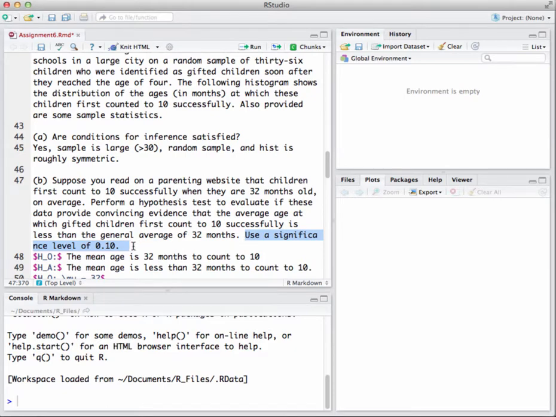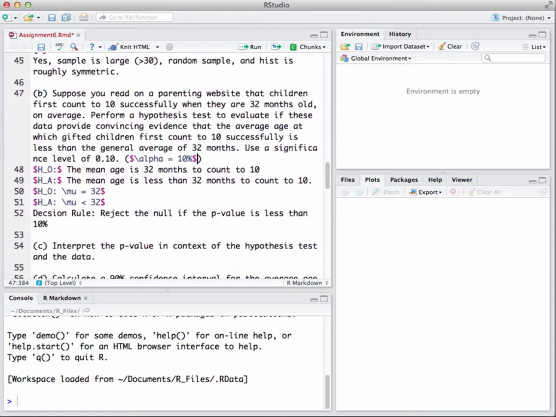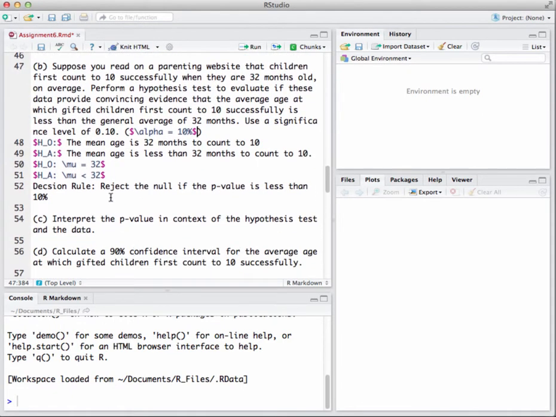The significance level of 10%, this is an alpha right here, just so you know. That states to us that alpha equals 10%, okay? All right, let's throw that in there just to help us keep that in mind. All right, so that's our decision rule.